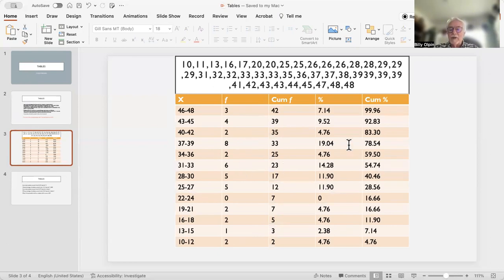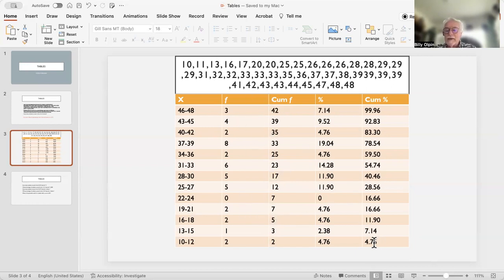8 divided by 42, right? So I get all these individual interval percentages. Now, I'm going to go back and complete my table by filling in the cumulative percentages, which I'm going to do exactly the same way I did here.